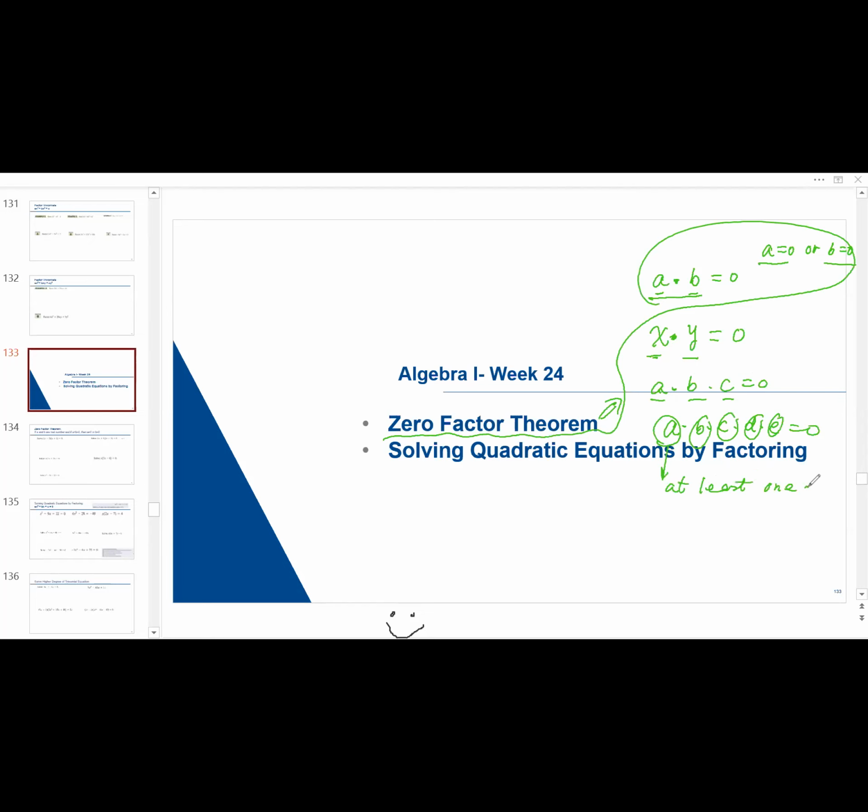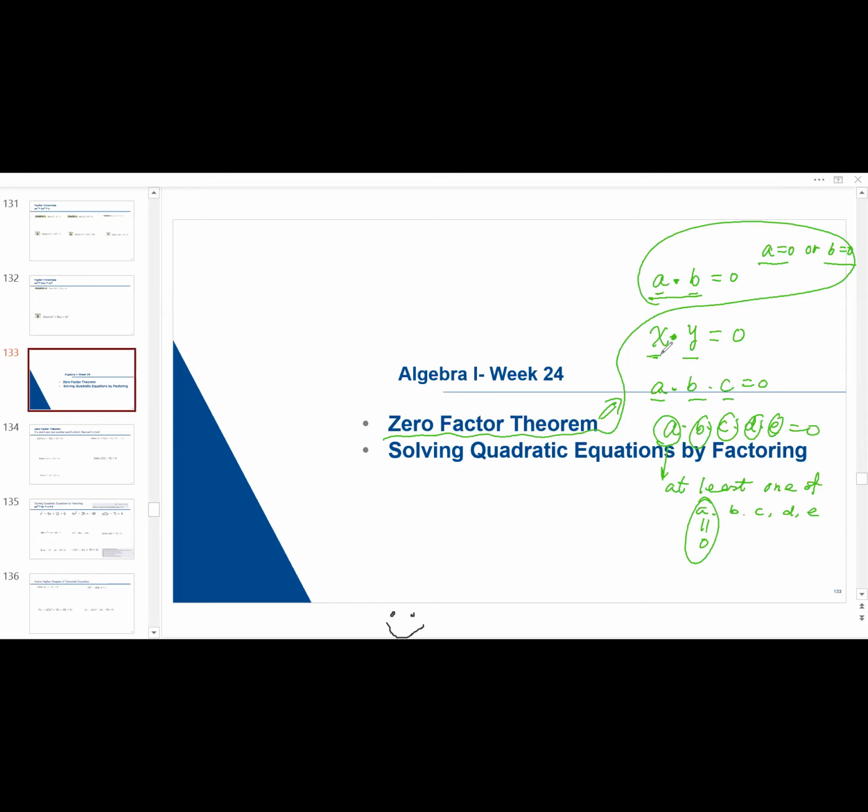We don't need every one of them, but we need at least one of them to equal 0. Does it make sense, everyone?